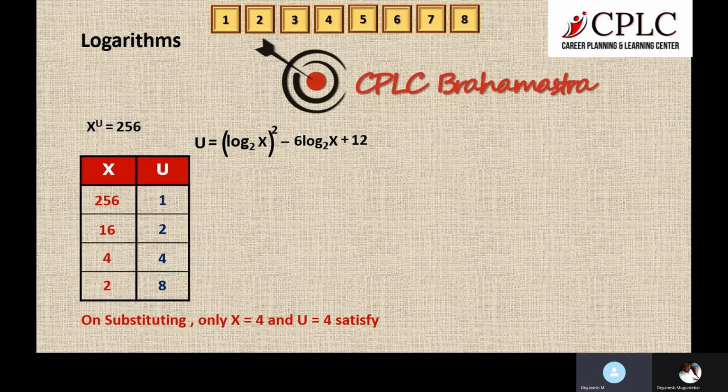No other value of x and u will satisfy this other equation. Only because of that, we'll mark answer option 2, which says exactly one solution for x. And hence, this was a very important and a tricky question. So these are some of the things that you need to think of by going out of the box, basically.